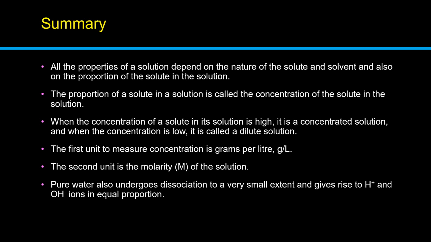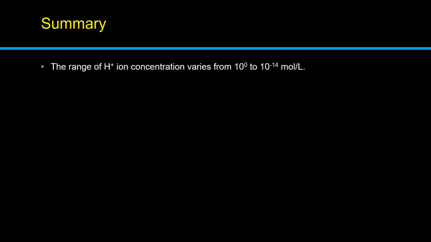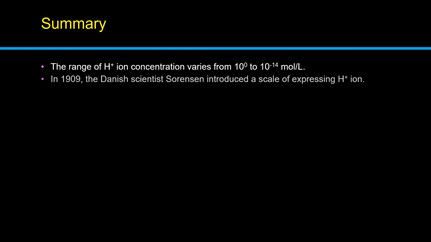Pure water undergoes dissociation to a very small extent, and it gives rise to H plus and OH minus ions in equal proportion. The range of H plus ion concentration varies from 10 raised to the power 0 to 10 raised to the power minus 14 moles per liter.